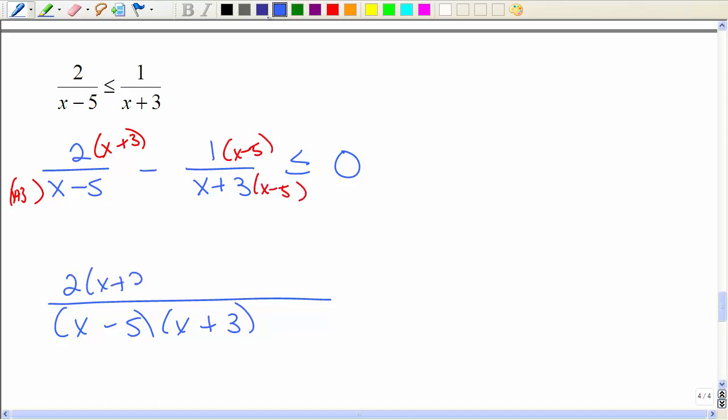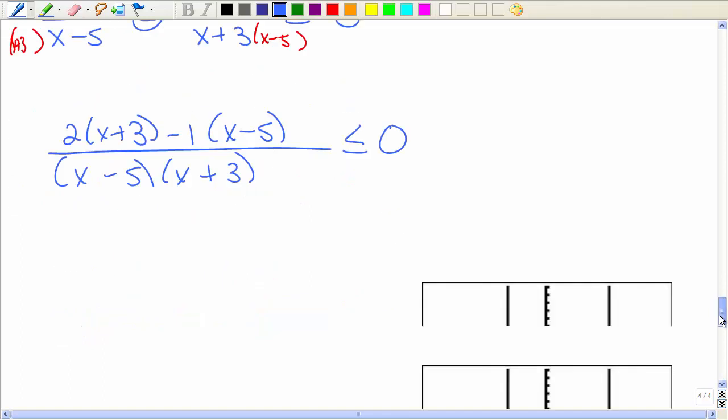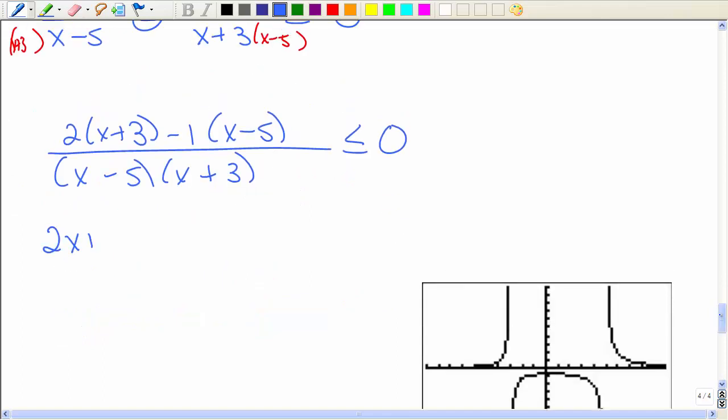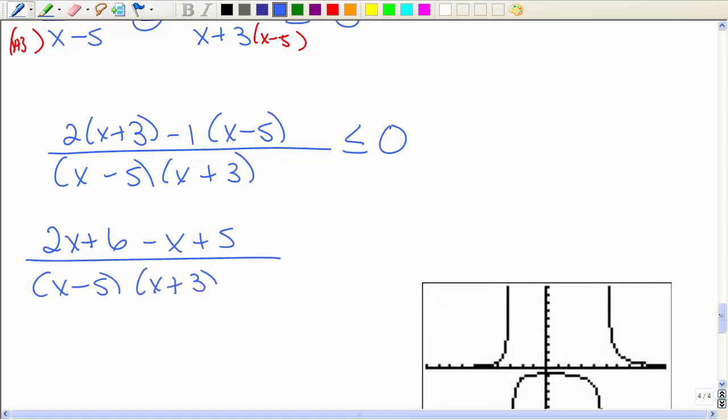And I like to show all my steps so I won't lose that minus. Then I need to distribute. Collecting like terms, 2x minus x is x, 6 plus 5 is 11.